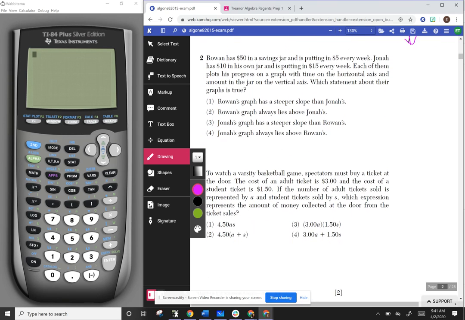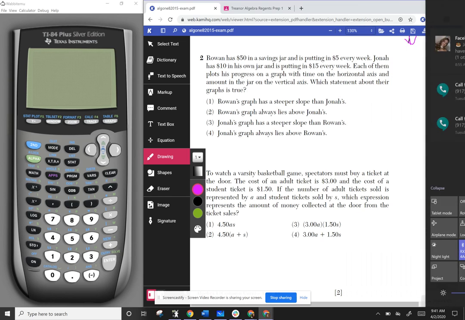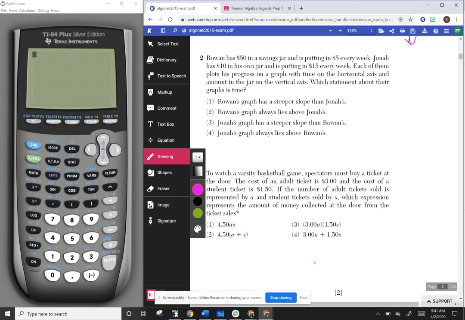Number 2, Rowan has $50 in a savings jar and is putting in $5 every week. Jonah has $10 in his own jar and is putting in $15 every week. Each of them plots his progress on a graph with the time on the horizontal axis.